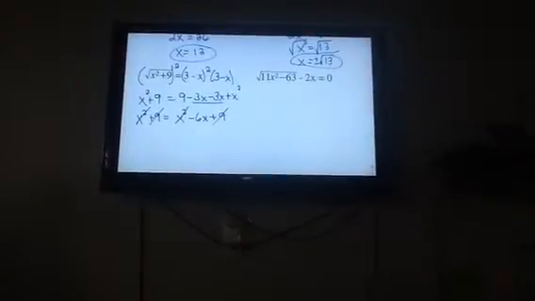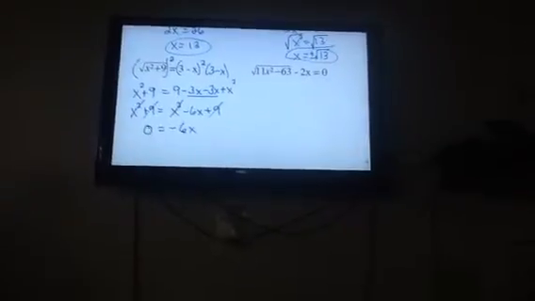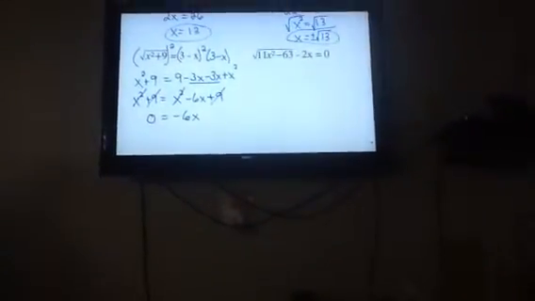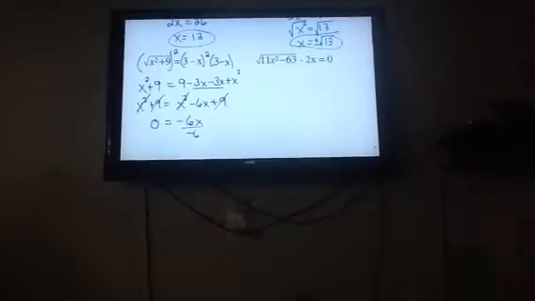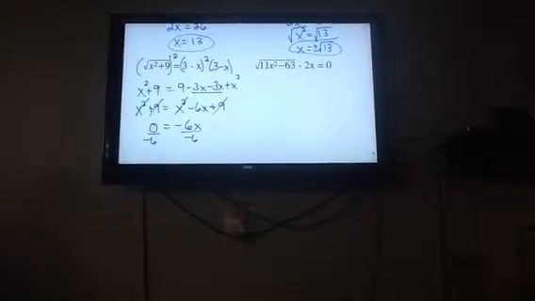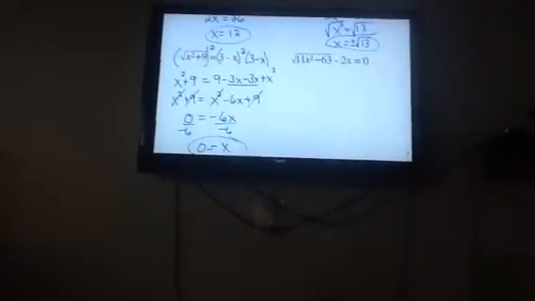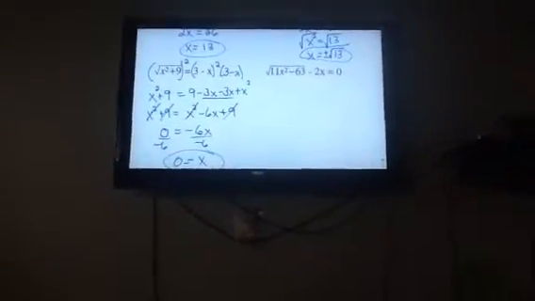And I'm left with 0 equals negative 6x. And then I divide by negative 6. Divide by negative 6, and x is 0. And it works, and I'm going to come back and talk about that in a second.